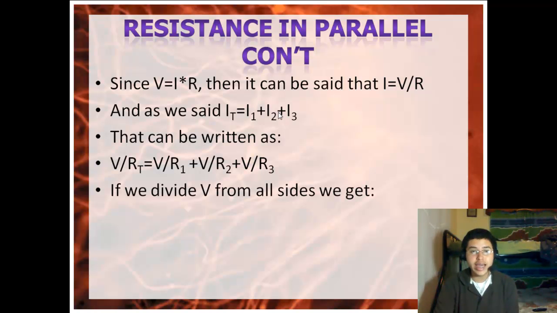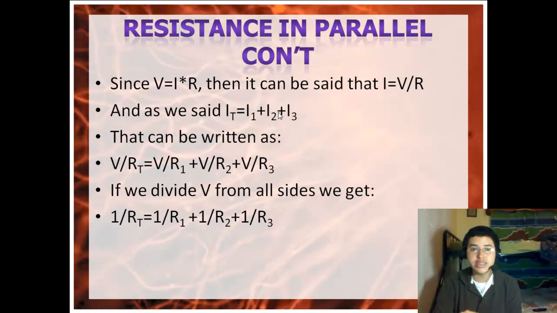And if we divide all sides of that equation by V, we get that 1 over the total resistance equals 1 divided by the first resistance plus 1 divided by the second resistance plus 1 divided by the third resistance.